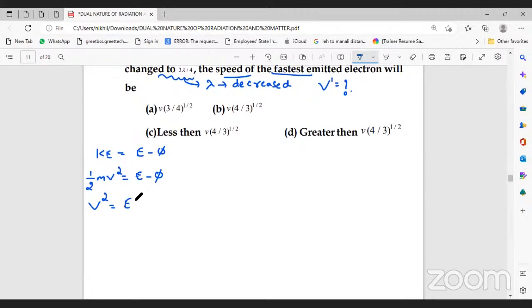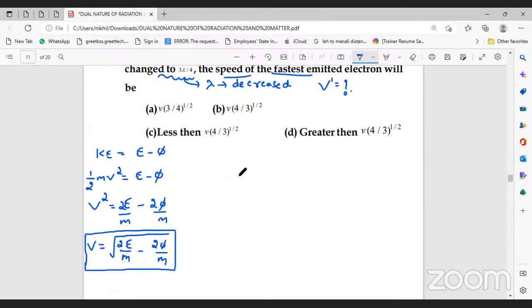Total energy 2 times minus 2 times work function divided by the mass M. What is v then? Root of 2 times E by M minus 2 times phi by M. Correct, no? So this is the basic formula for the velocity.